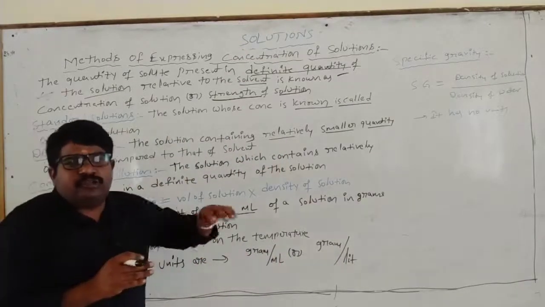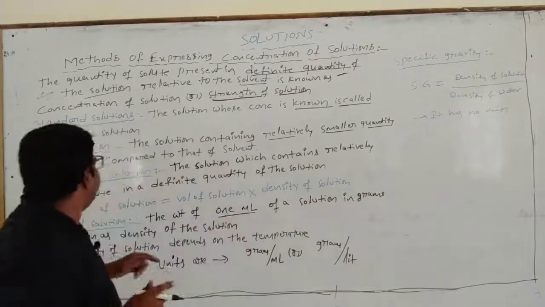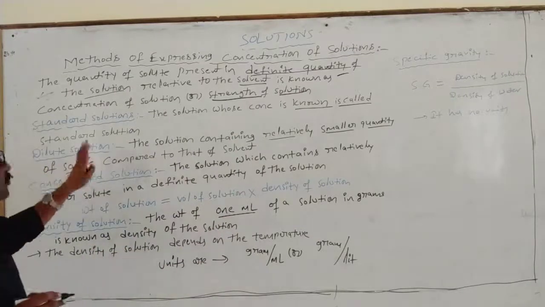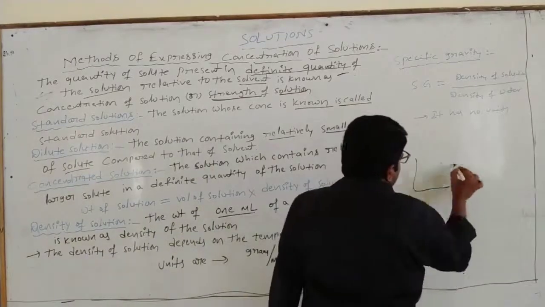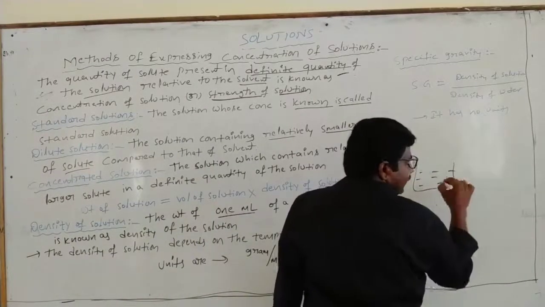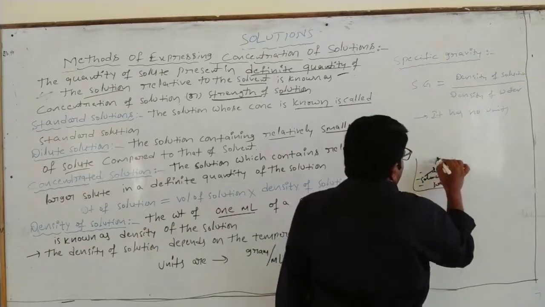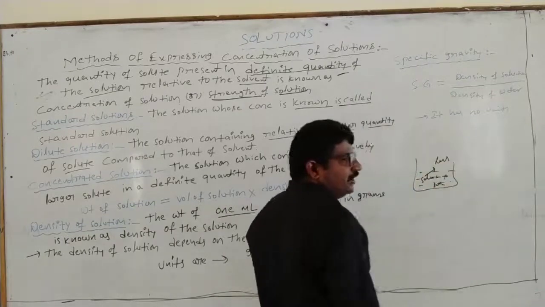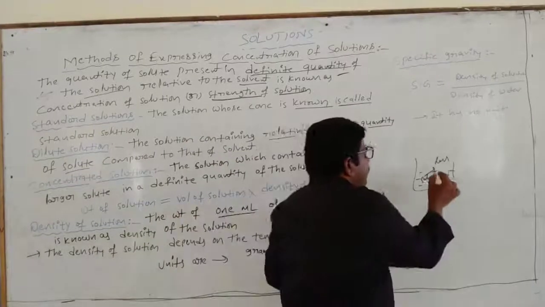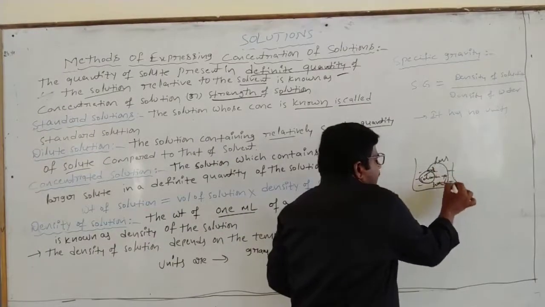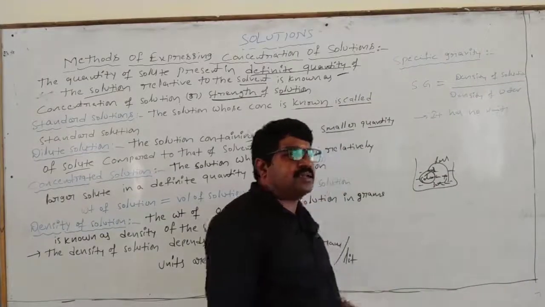When the solute quantity is less than the solvent, that is called a dilute solution. What is a concentrated solution? The solute particles are more compared to the solvent. That is called a concentrated solution.